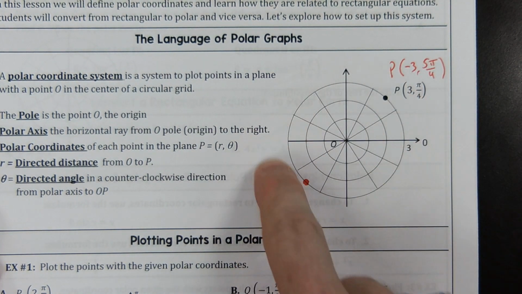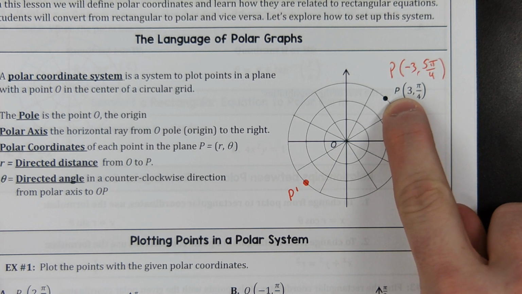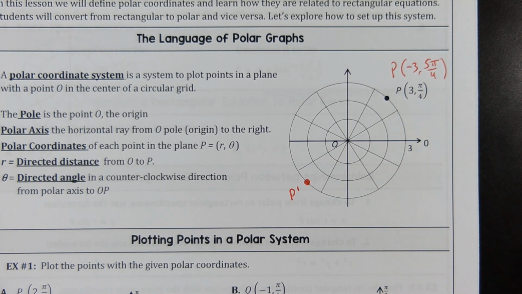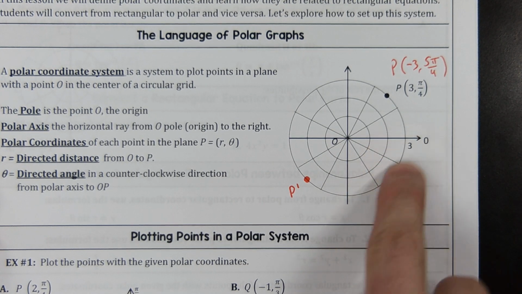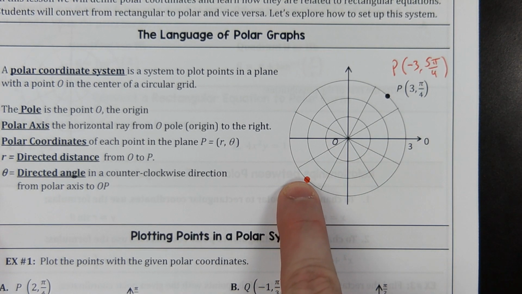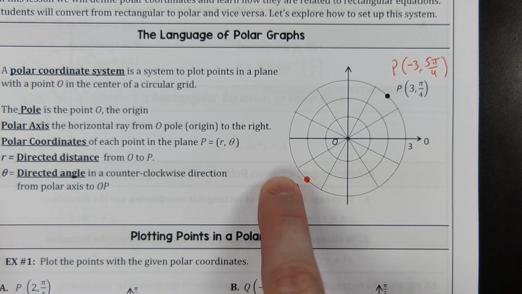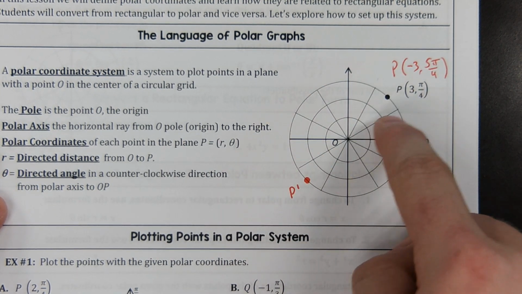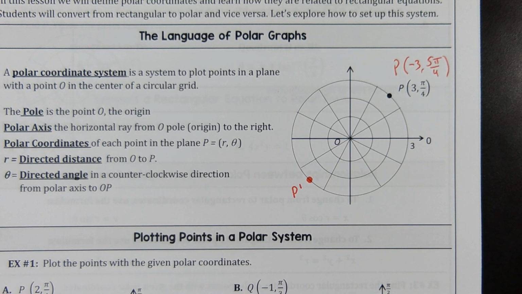Because this dot is 5 pi over 4 away from the polar axis, but the negative 3 radius says I'm looking the wrong direction and goes up there. Okay? And we could use negative 3 and negative 3 pi over 4. That just would have gone this way. And then, of course, anytime you add 2 pi or subtract 2 pi to either one of these things, you're still in the exact same place.